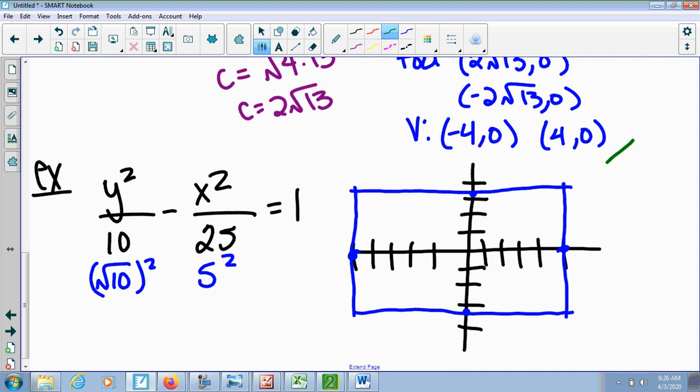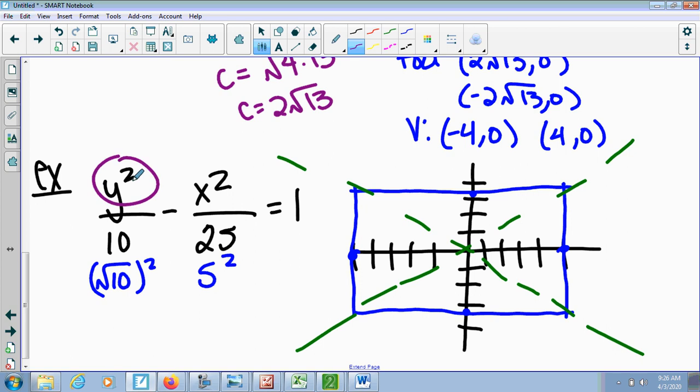Now we'll draw our asymptotes. It goes through the diagonals as our guide. Okay, and then we remind ourselves that y squared started first. So we are going to use the y's as our vertices, and we'll draw our hyperbola up and down.